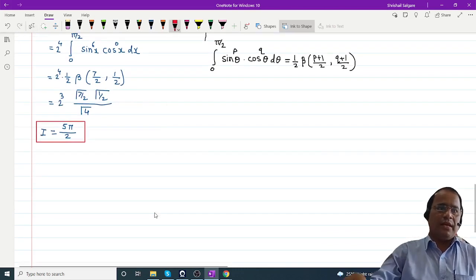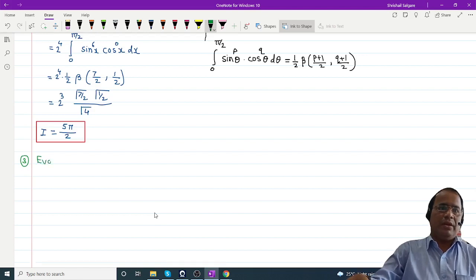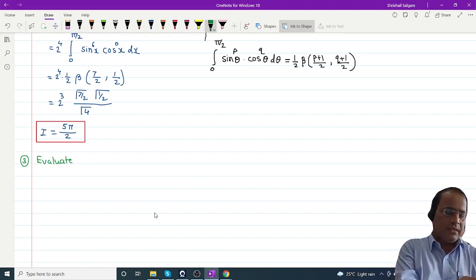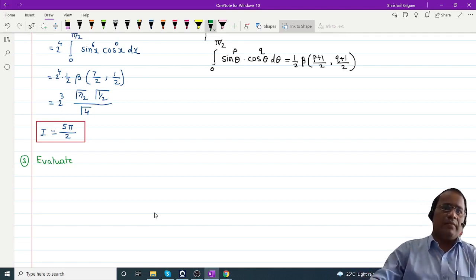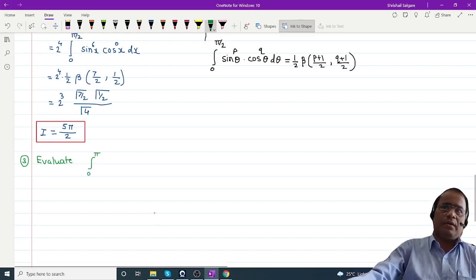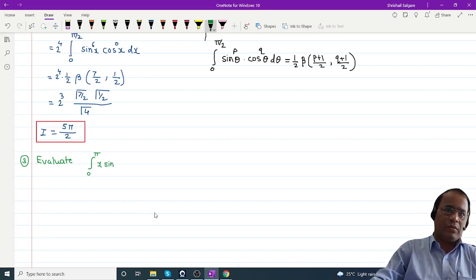Suppose you have to evaluate the integral from 0 to pi of x into sin x raised to 5 into cos x raised to 4 dx. I will take examples which are applicable.